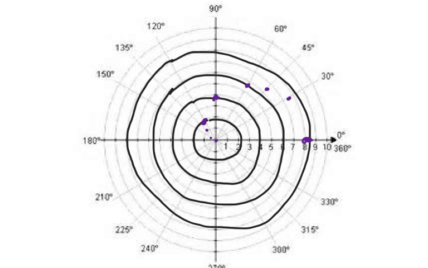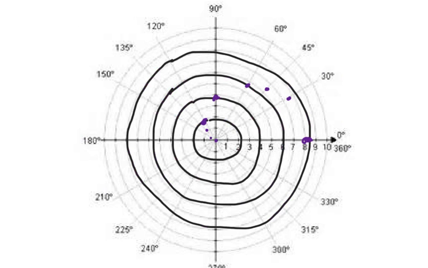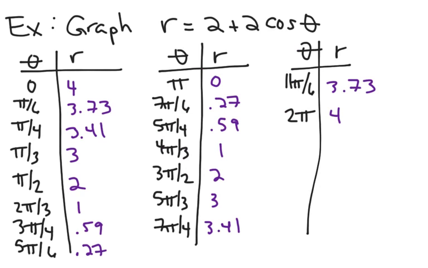And then at 7 pi over 6, it goes back out again: 0.27, 0.59, 1, 2, 3. And then at 7 pi over 4 it was at 3.41, and then it was at 3.73, and then back to 4.